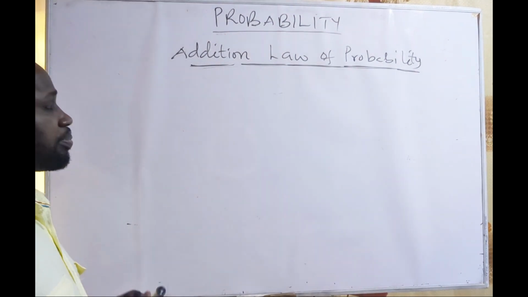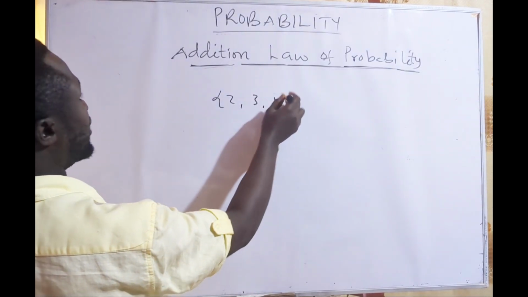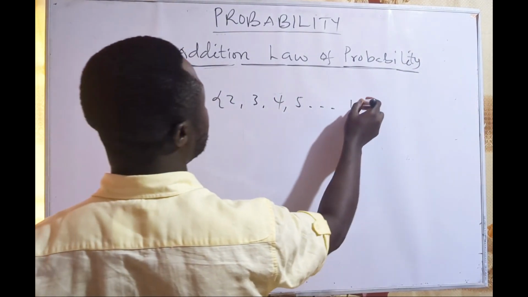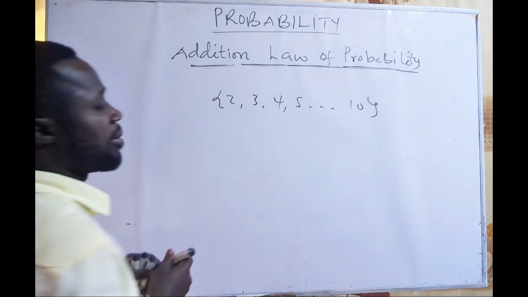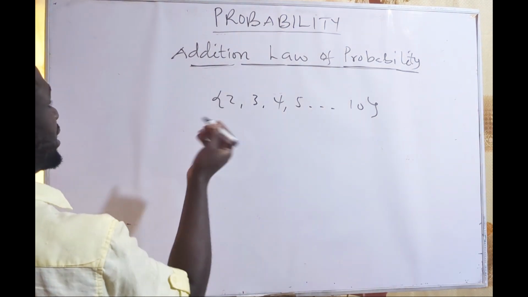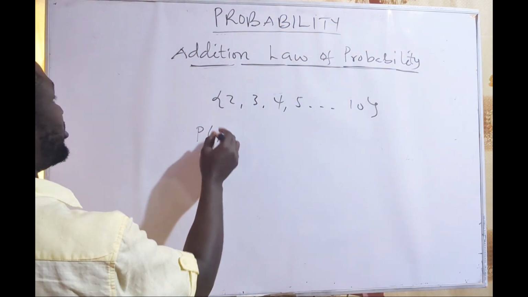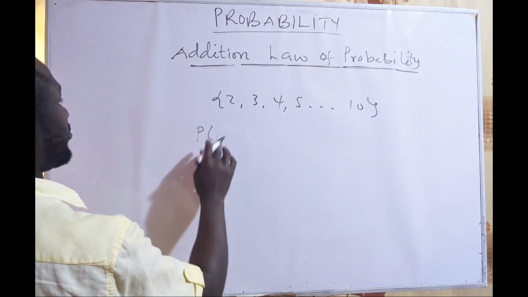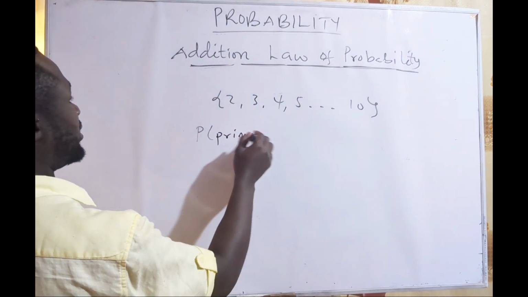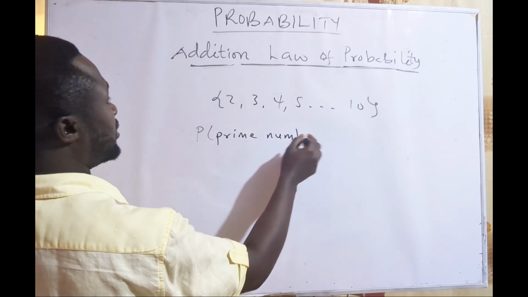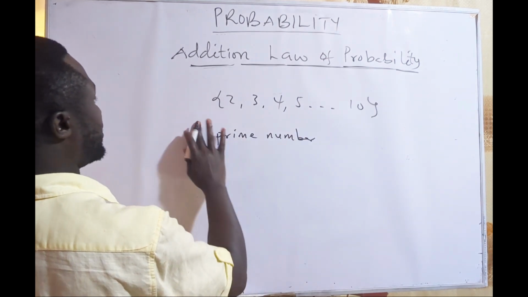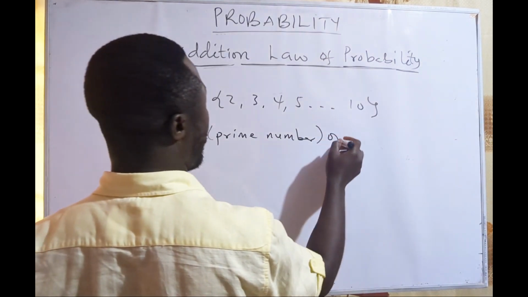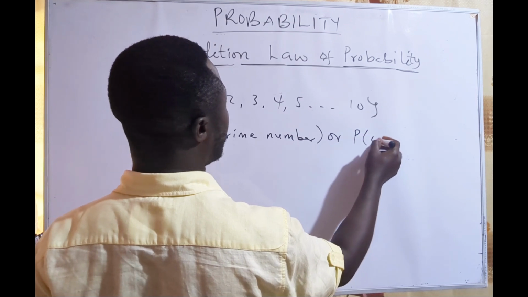For instance, let's say I have a set of numbers 2, 3, 4, 5 up to 10, and I'm looking at the probability of selecting, let's say, a prime number, or the probability of, say, an odd number.